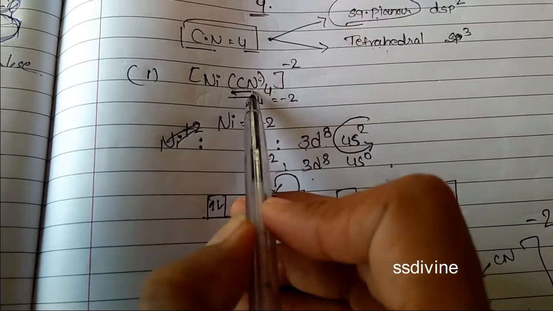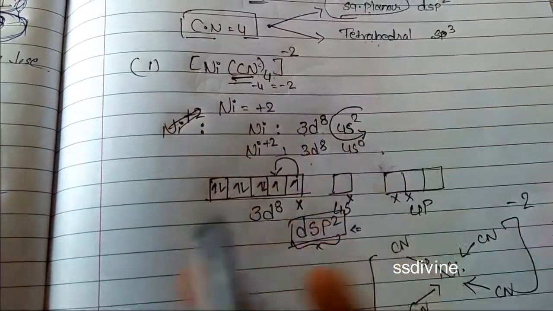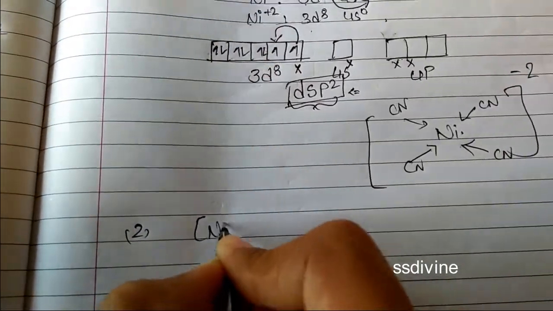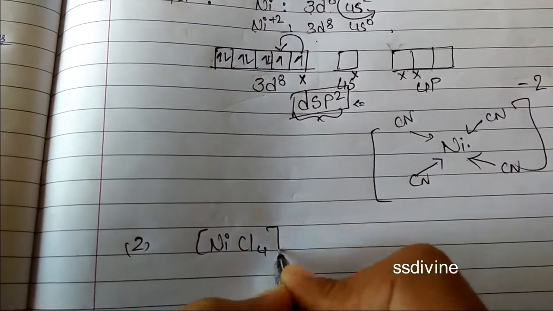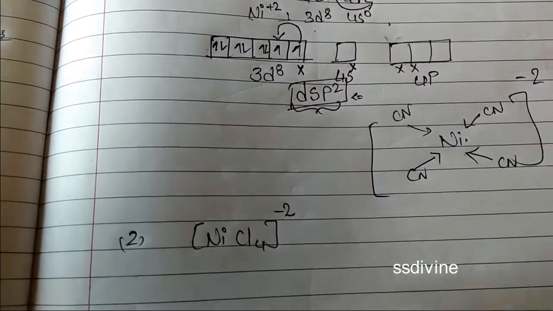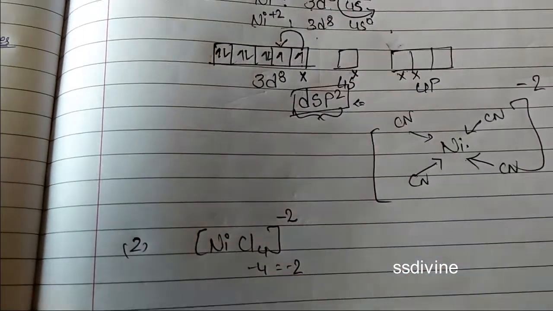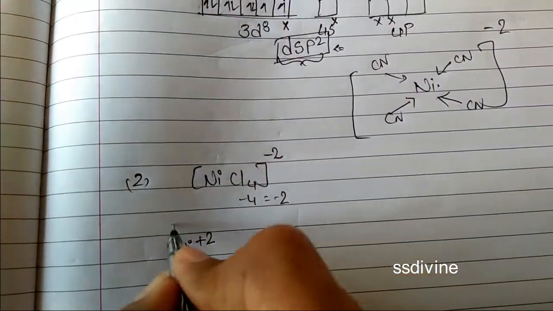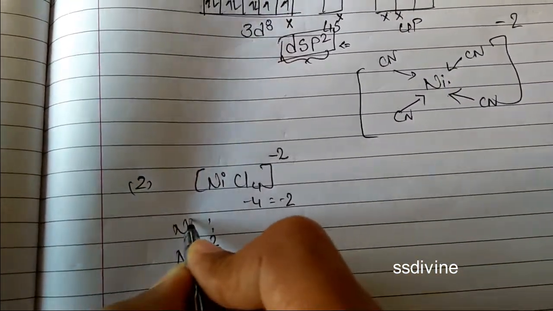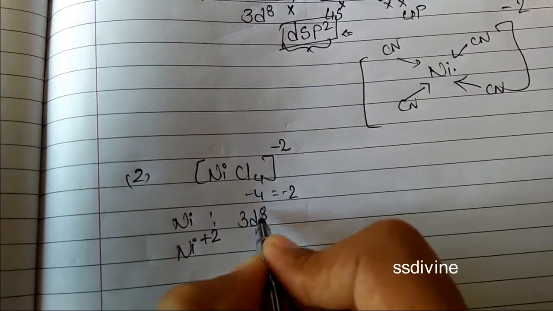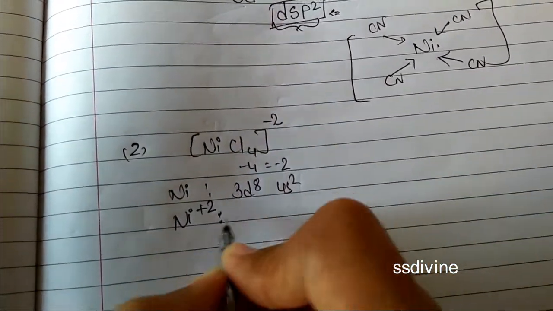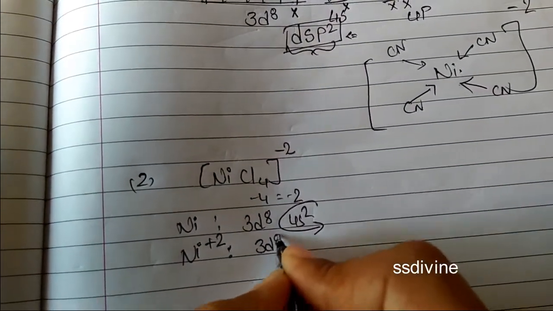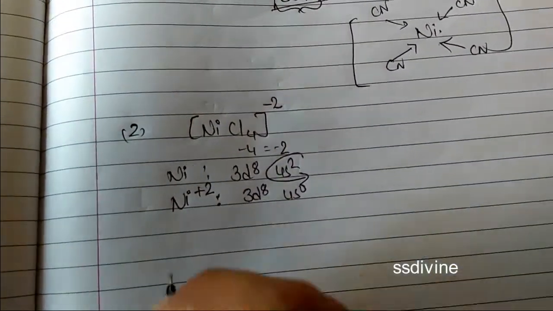Now let us take another example. If instead of cyanide, I am having chloride, what geometry will be obtained? So [NiCl4]2-. Again x minus 4 equals minus 2. Here nickel will be in plus 2 state. So when nickel is as it is, it is 3d8 4s2, and in plus 2 state it will remove 2 electrons, that is 3d8 4s0.